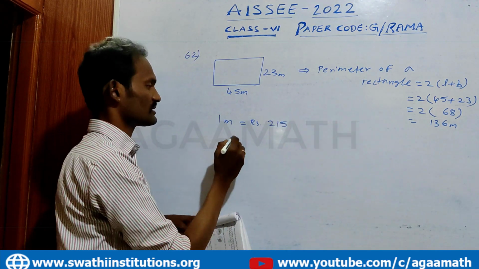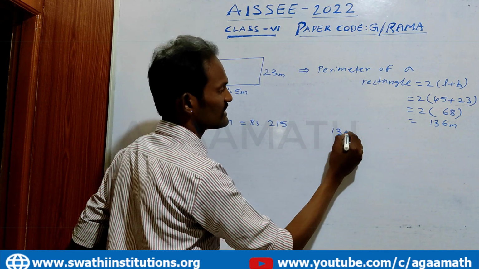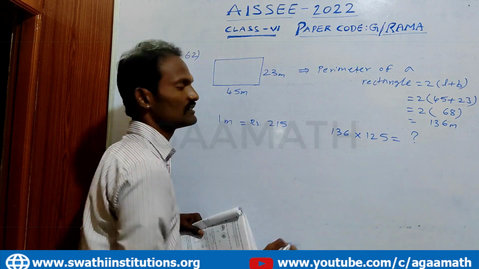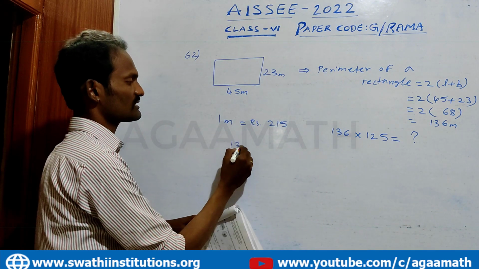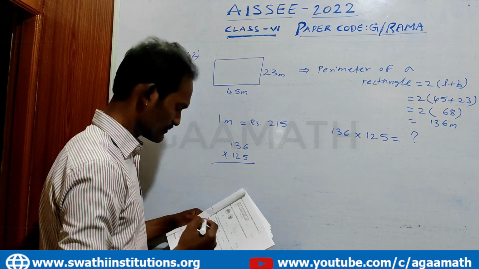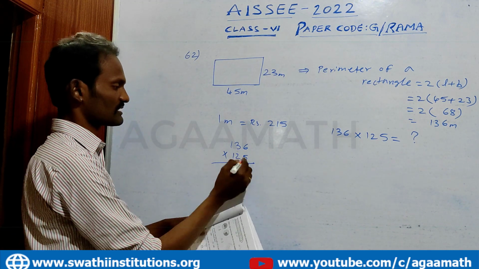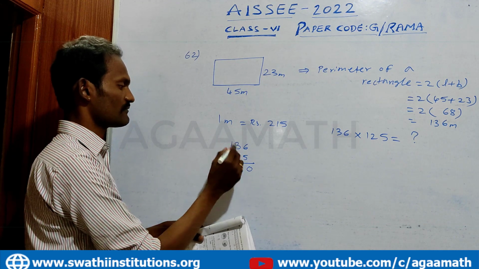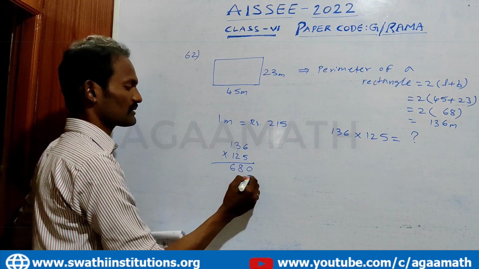For 136 meters, what do we do? 136 times 215. Let us do the calculation here: 5 times 6 is 30, 3 remains, 5 times 3 is 15 plus 3 is 18, 5 times 1 is 5, so 680.